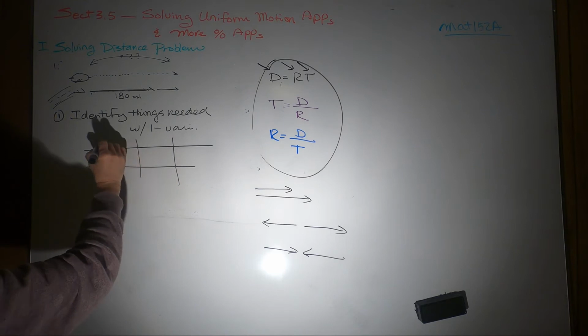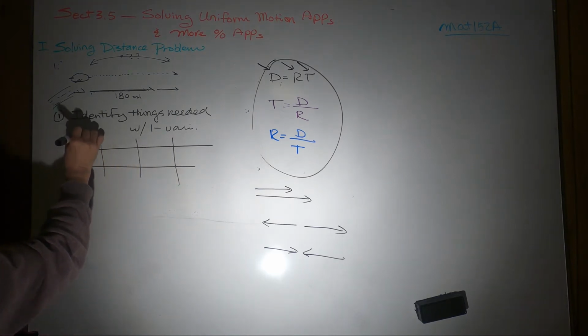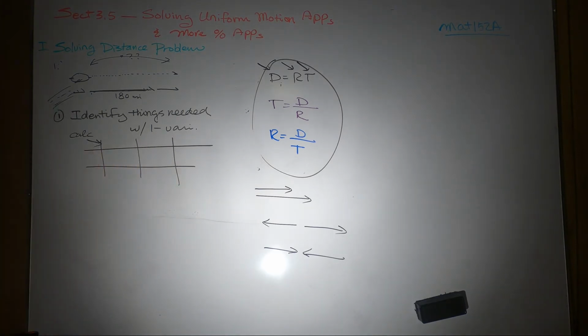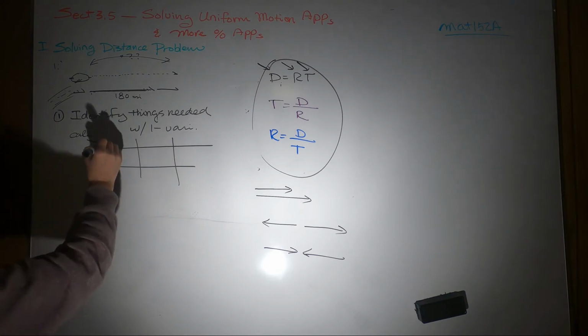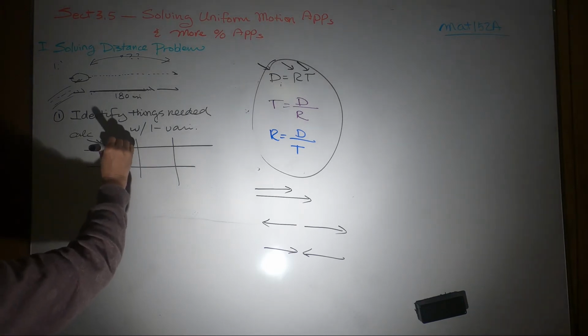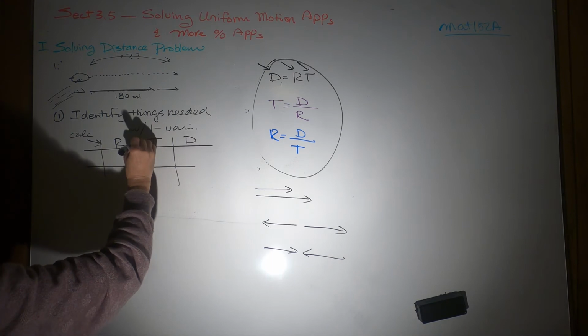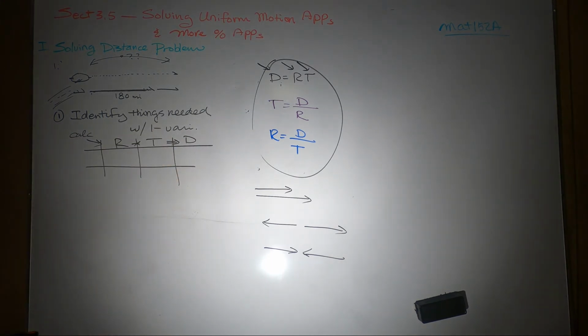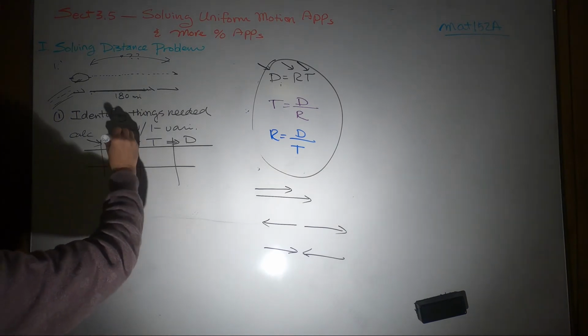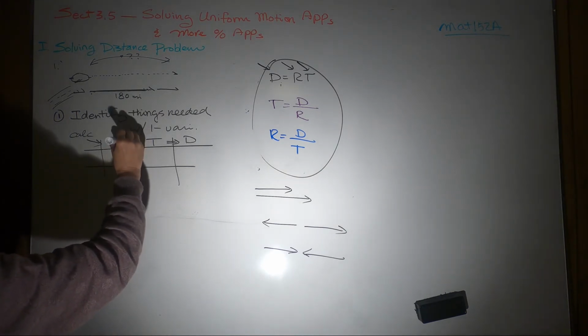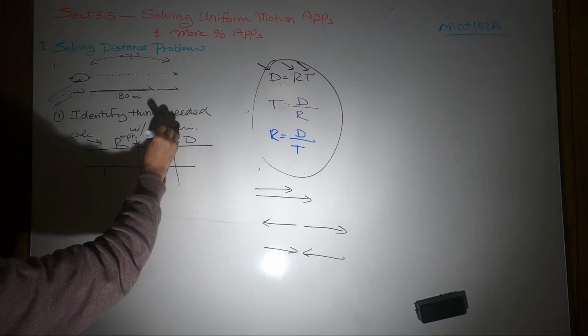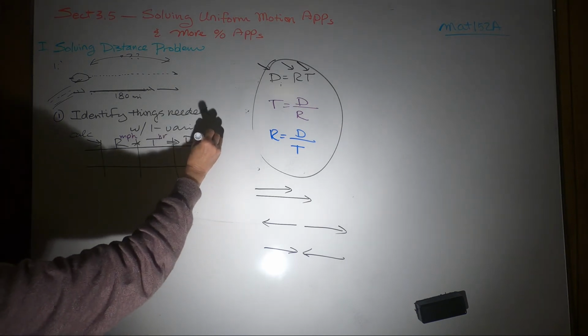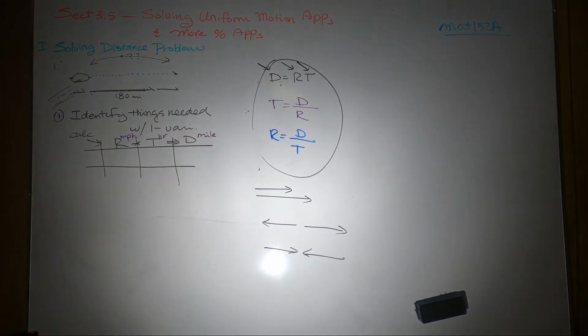So you do it like a spreadsheet, Excel, right? We do the calculation on the top, okay? So we write it this way, RTD. If we do multiplication, that would be easier, right? So rate is what? Miles per hour, time is by the hour, distance is the miles.